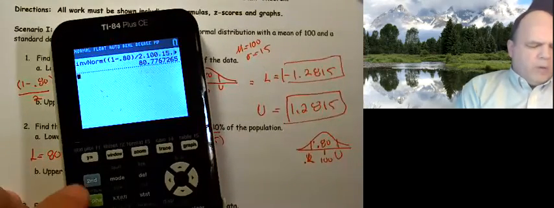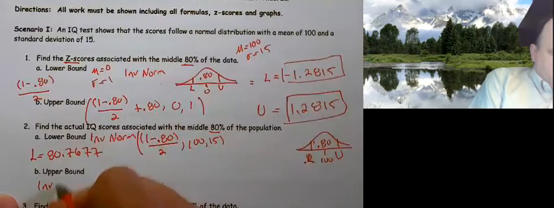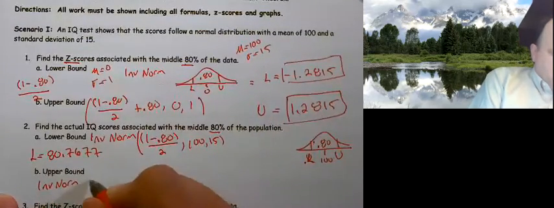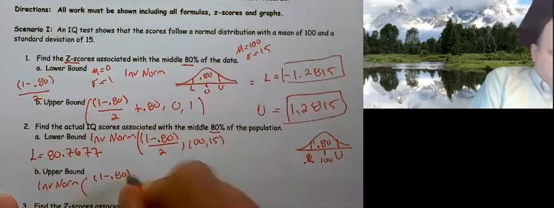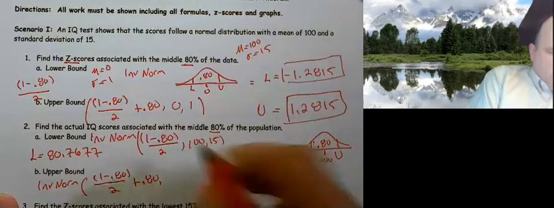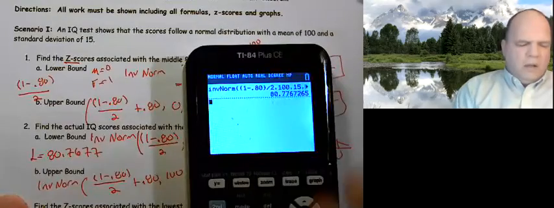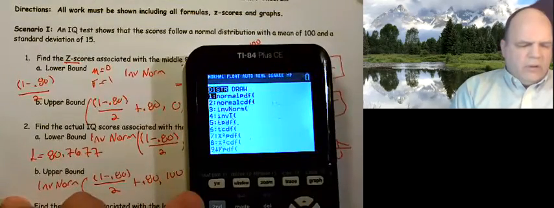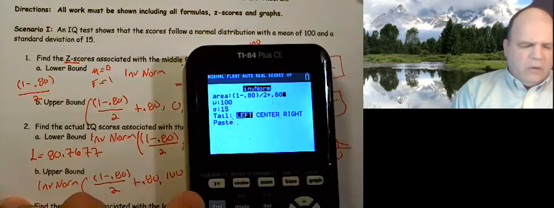Then I need to come back and rerun it, and my upper bound is also going to be inverse norm, 1 minus 0.80 over 2 plus the 0.80, mean of 100, standard deviation of 15. So second vars, inverse norm, 1 minus 0.80 divided by 2 plus the 0.80, mean of 100, standard deviation of 15.